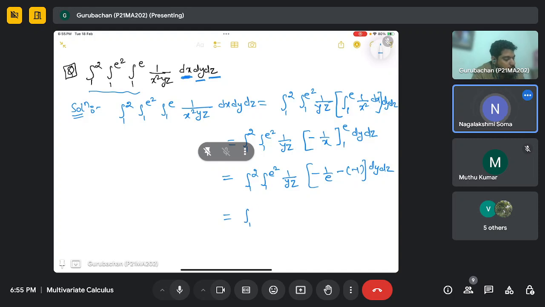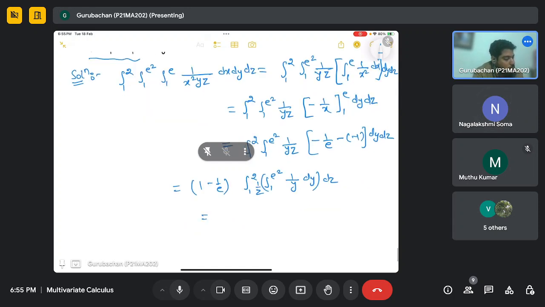What is the answer we are getting? 1 to 2, 1 to e square. So this will be nothing but, I am doing it a little shorter way, 1 by y dy, and the left part is 1 by z dz. So this will give you 1 minus 1 by e, integral 1 to 2 of 1 by z, ln mod y from 1 to e square, dz.